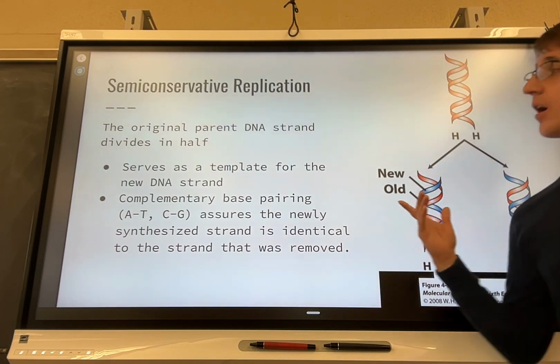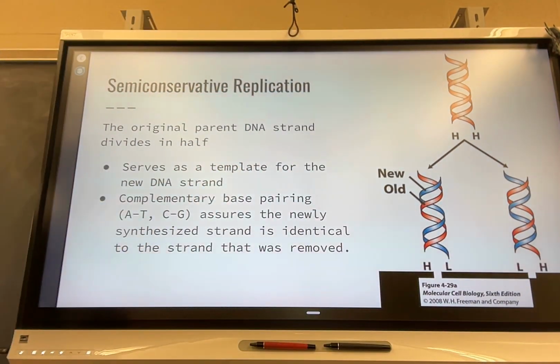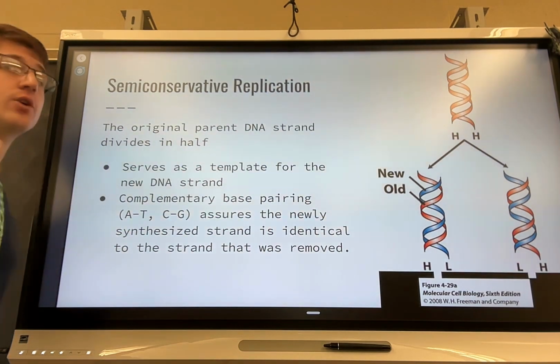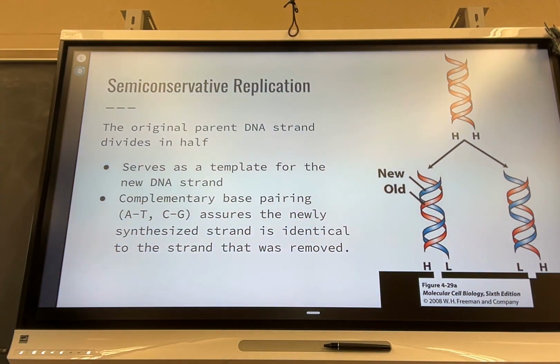So when we talk about semi-conservative replication, half of the parent strand is going to go to each of the daughter cells. So this is going to serve as the template, like if you were cheating off of someone, copying the DNA strand into the new strand.